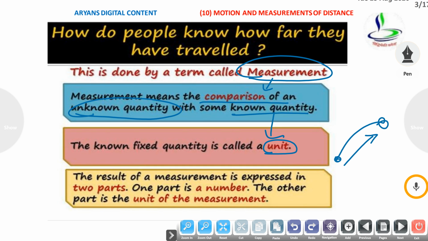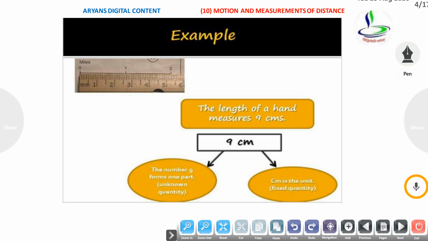The result of measurement is expressed in two parts. One part is a number and the second part is a unit of measurement. Let's discuss. Here we have a scale and we measure something, that may be anything. The length of the hand measures 9 centimeter.